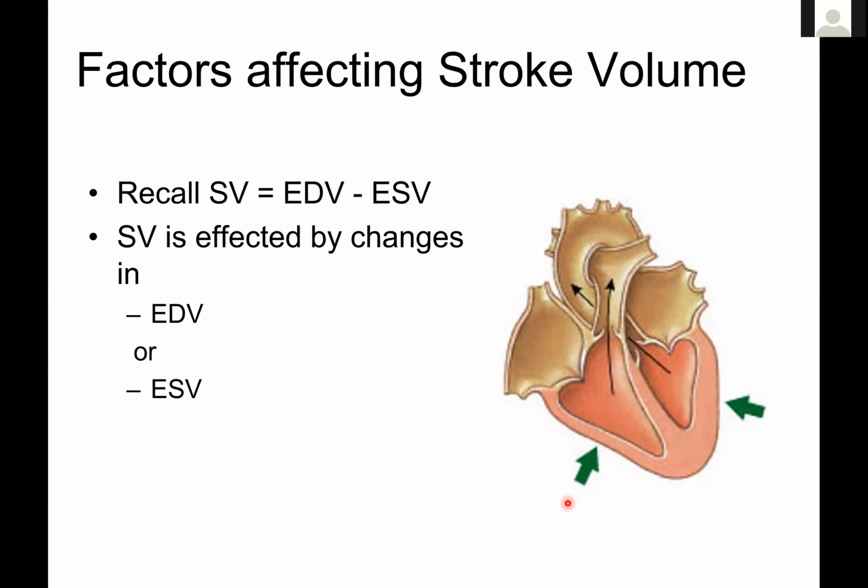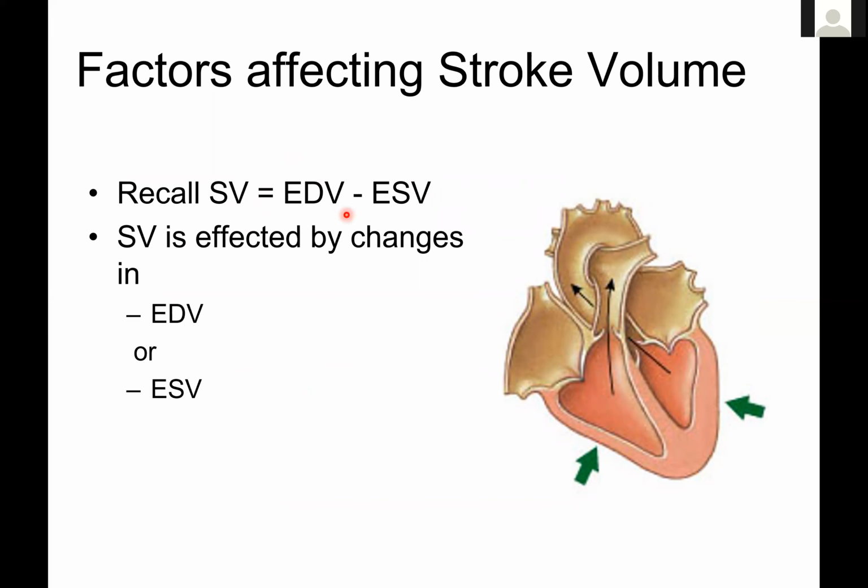So stroke volume is the volume of the end diastolic volume that managed to leave the heart. So you can calculate it by taking end diastolic volume and subtracting from it end systolic volume. So since this is subtraction, a change in either of these is going to change stroke volume.